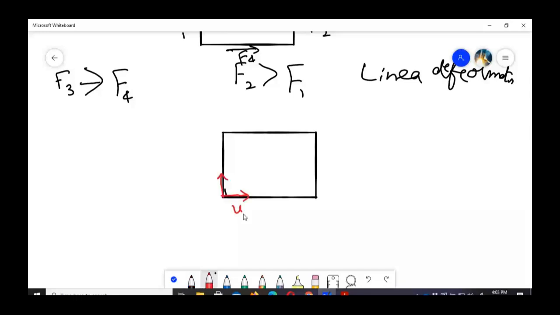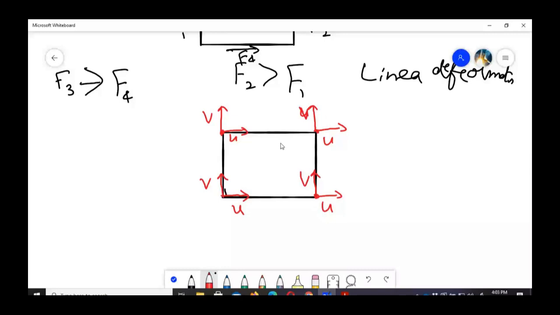If at all the vertices, at all the points inside this fluid element, we have the same velocities, u, v, u, v, then it means there would be some kind of translation or linear motion of this object. So there wouldn't be any deformation.